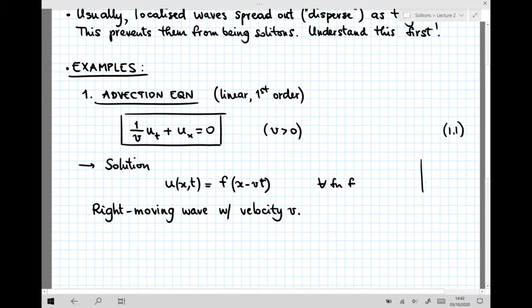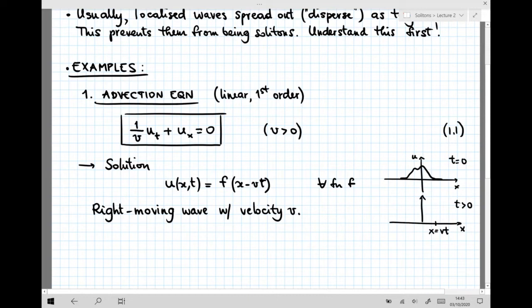So if we draw a plot of u as a function of x at time t equals 0, let's assume that we have some localized profile near x equals 0. Then we will find that at a later time t larger than 0, this profile will just have translated, and now it's centered around x equal vt.